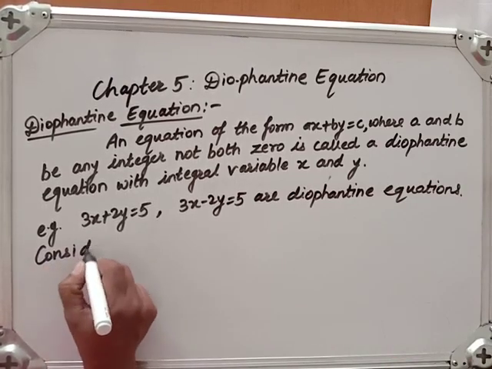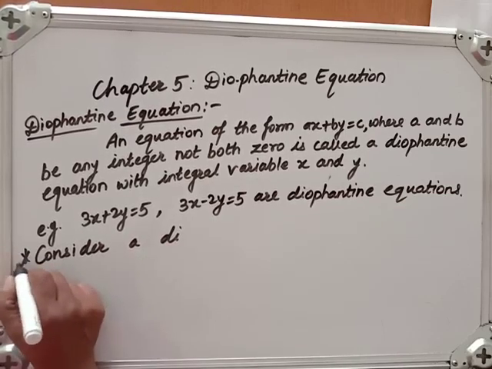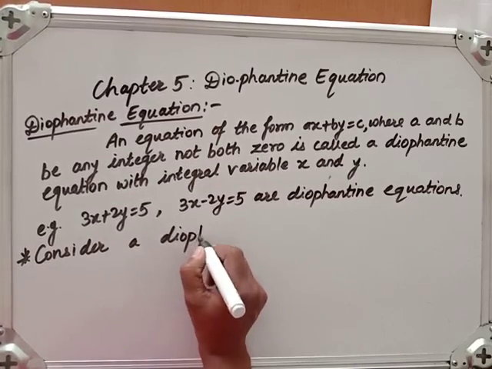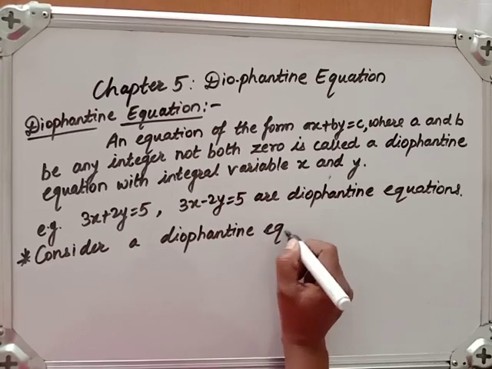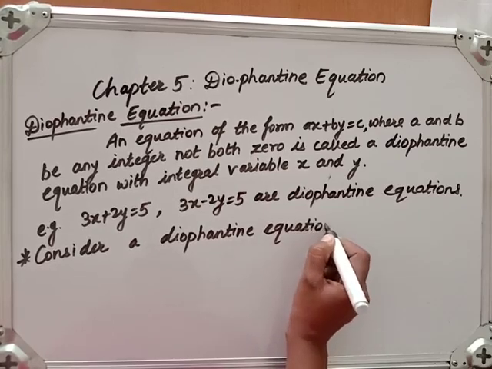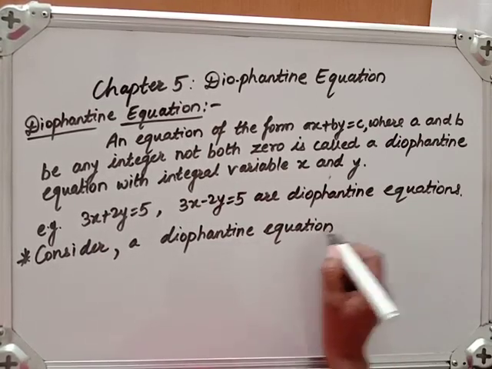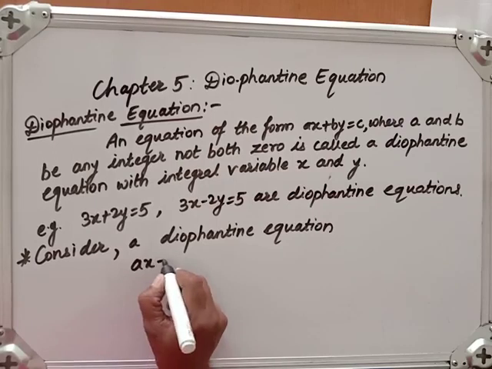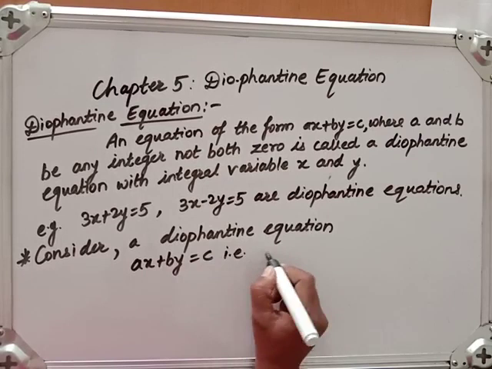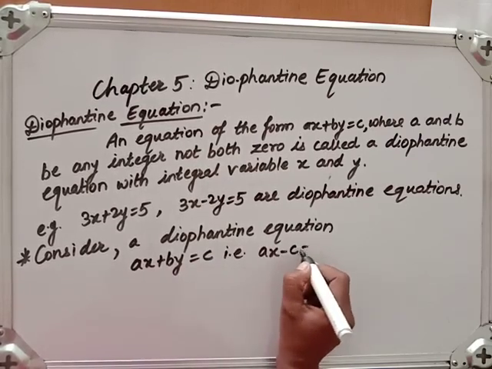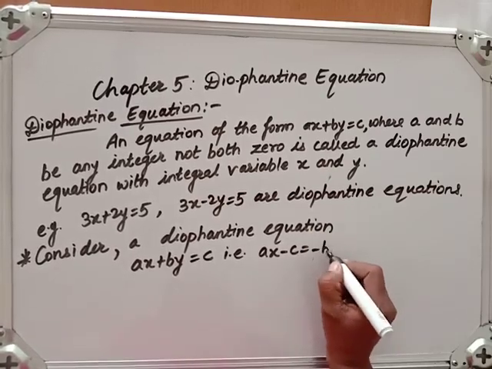Now consider a Diophantine equation ax plus by equal to c, that is ax minus c is equal to minus of by.